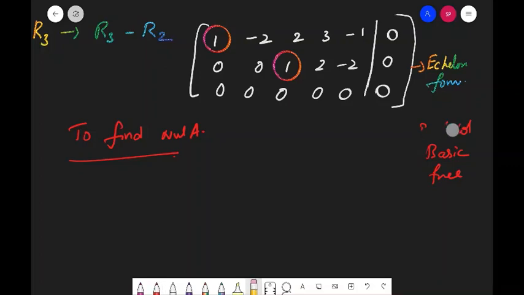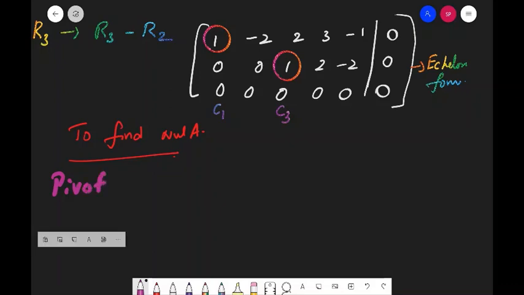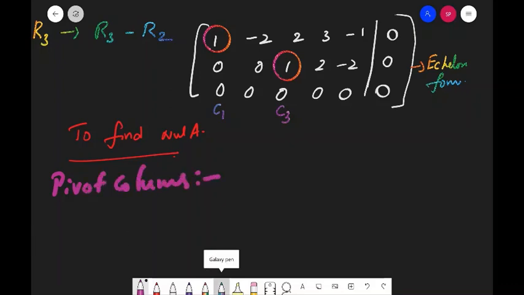Now let us look at that. From the echelon form, I will now mark that C1 is a pivot column, C2 is not a pivot column, and C3 is a pivot column. So the pivot columns here are C1, C3.